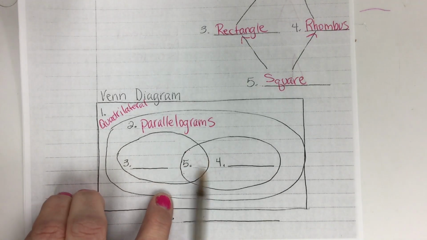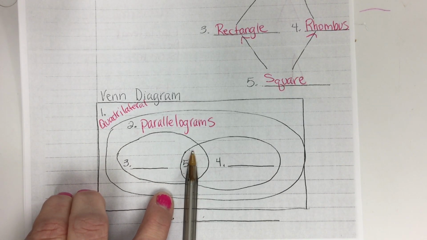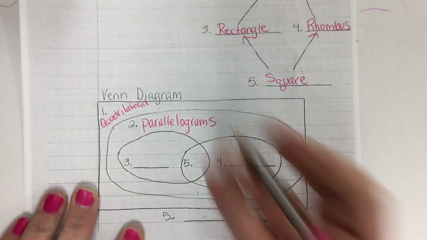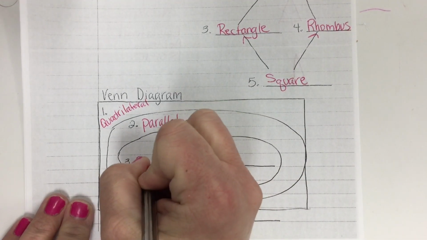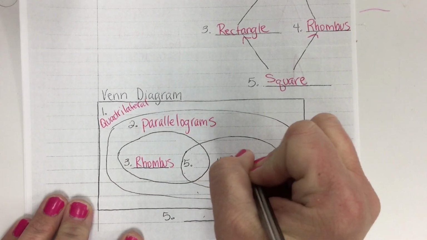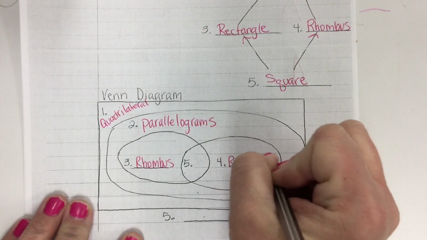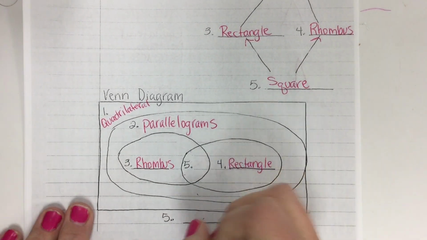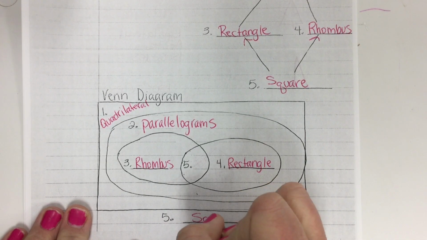Remember, on a Venn diagram, what's in the middle, the overlap, is what they share. So you can put rhombus and rectangle. Or you could have said rectangle, rhombus. They flip. It doesn't matter. And then number 5 would be your square.